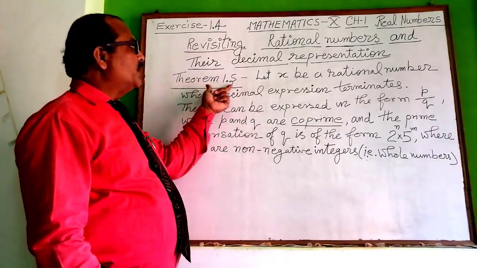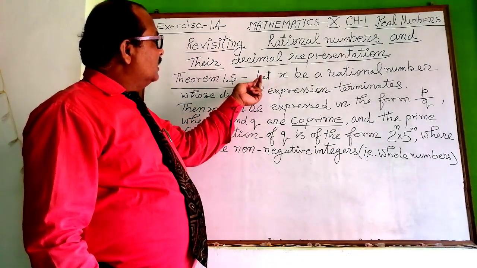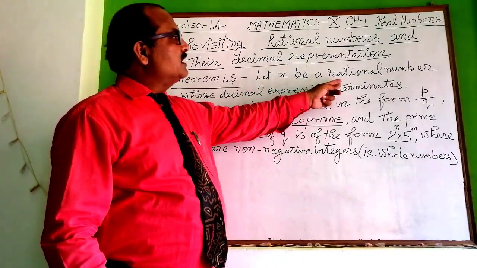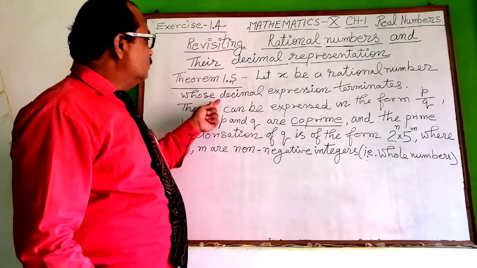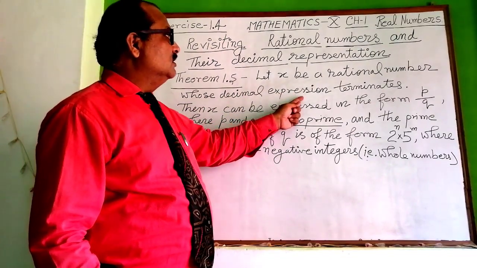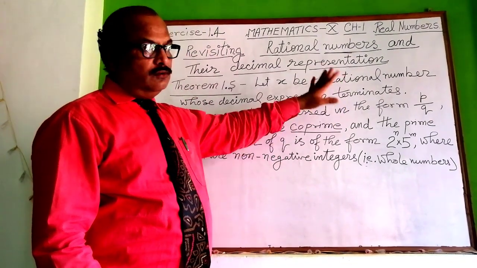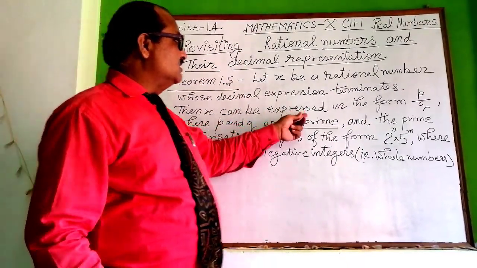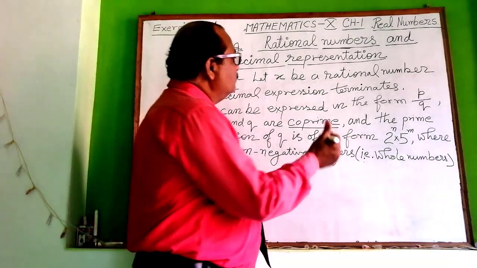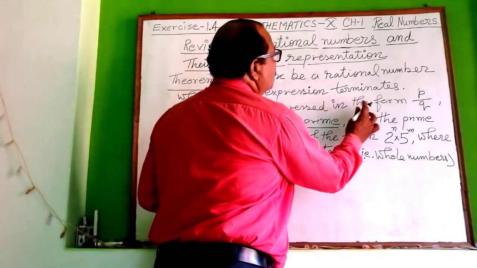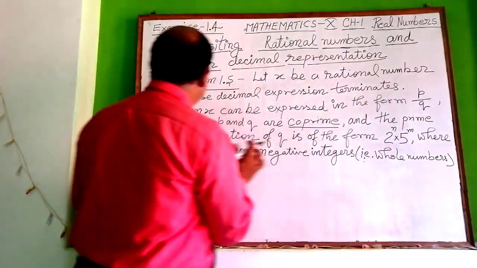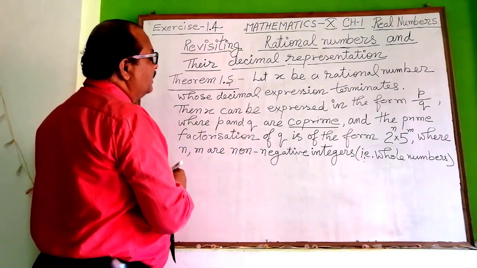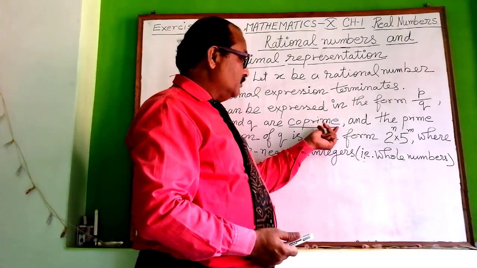See theorem 1.5. Let x be a rational number whose decimal expression terminates. You know already. Then x can be expressed in the form P upon Q, where P and Q are co-prime.